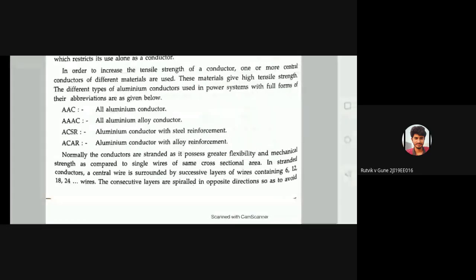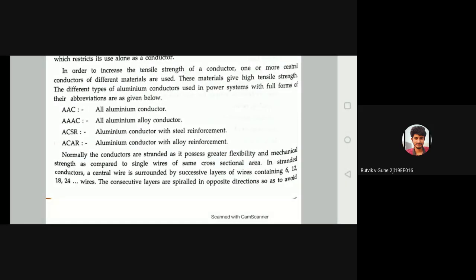So as we combine more than one conductor material, they give us high tensile strength. So we mix aluminium with the others, and that gives us high tensile strength and all the other qualities. So I'm just reading this.